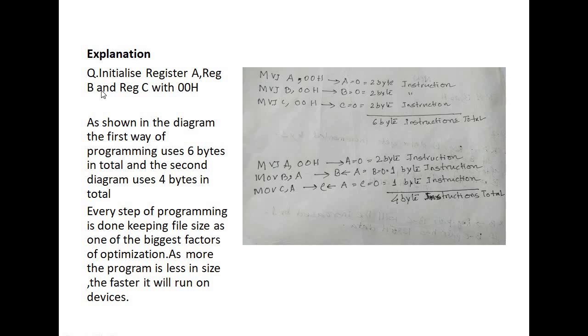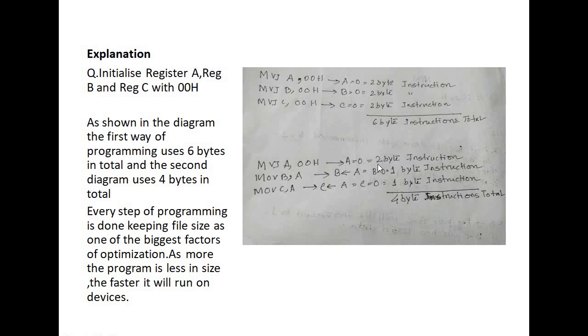Now the same program I have done with register addressing mode. Understood? Here I have used only one instruction with immediate addressing mode because I have to initialize the register first. MVI A, 00H. I have initialized register A with 00H. What type of instruction is this?